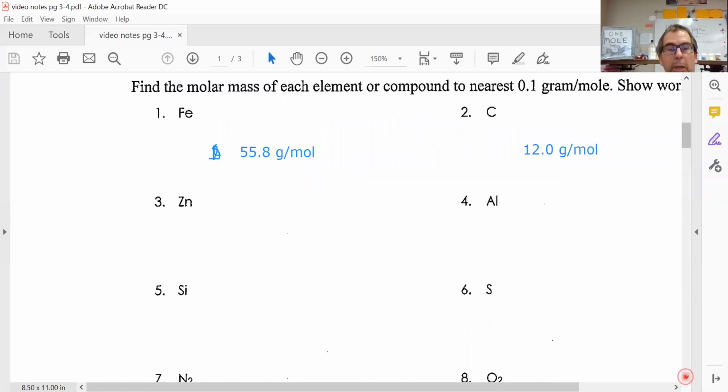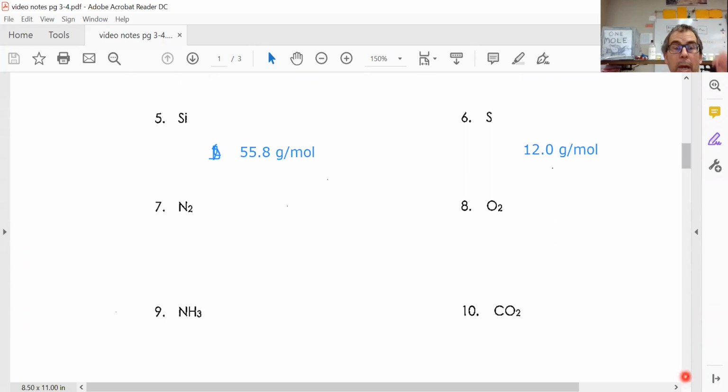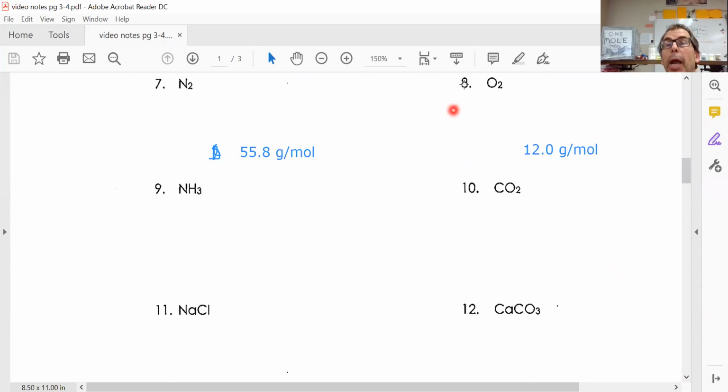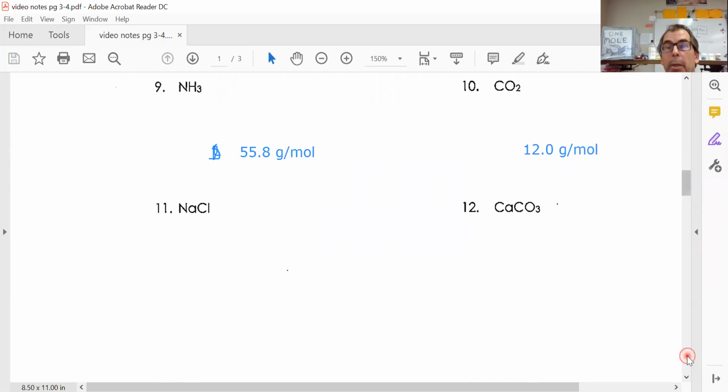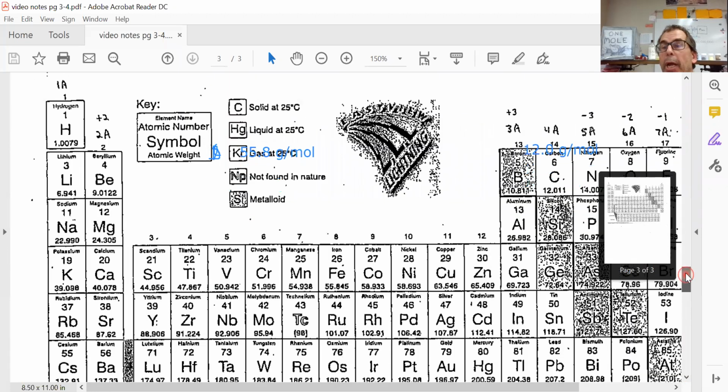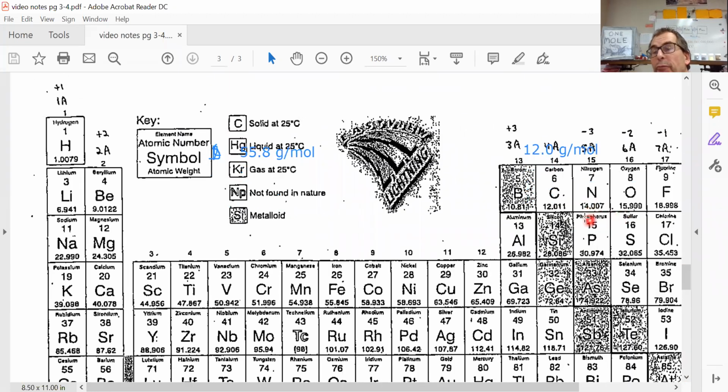Let's say you get something like NH3 in number 9. All right, I could go to my periodic table and look up N. I'm going to scroll there, and N weighs, looks like 14.0, and I think we established hydrogen was 1.0.